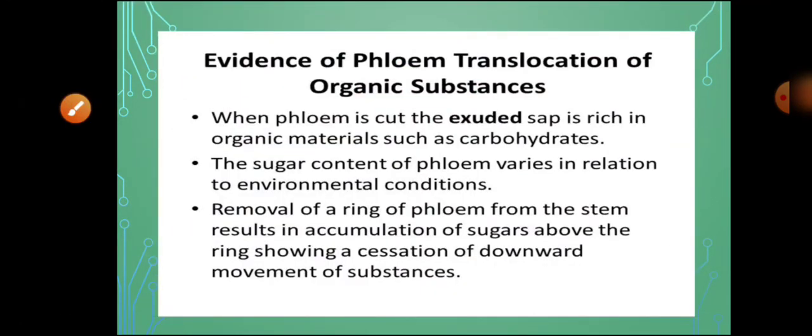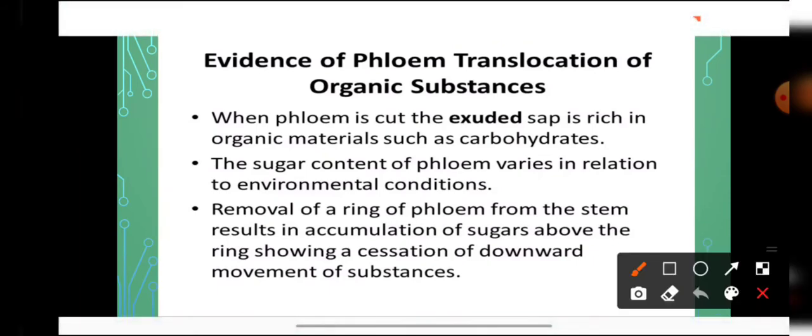Now what are the evidences which prove that it is the phloem which is the pathway for the translocation of organic solutes? Now when phloem is cut, the exuded sap is rich in organic materials such as carbohydrates. So when the phloem is cut, a sap starts coming out from it, and this sap contains carbohydrates.